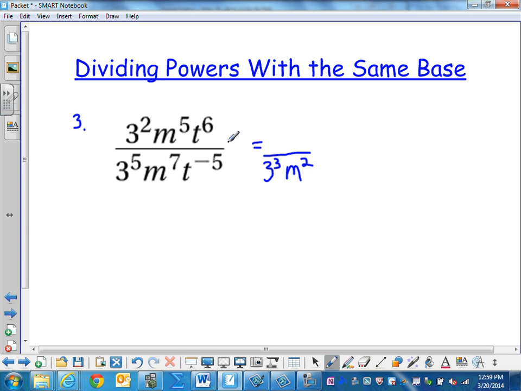So we always take the biggest number, 6, minus the smallest number. 6 minus a negative 5 is a positive 11. And since the largest exponent is in the numerator, that's where it goes. So t to the 11th. We can simplify this one a little more. We have t to the 11th over 27m squared.